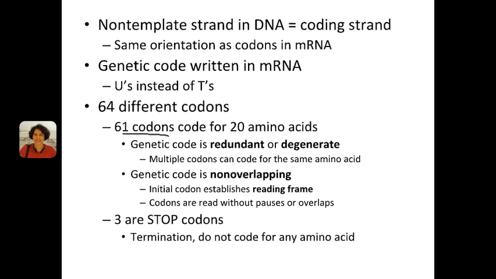That implies that the genetic code is redundant. Another word for that is that the genetic code is degenerate. That means that more than one codon codes for the same amino acid. Notice that it does not mean that more than one amino acid is coded for by the same codon.